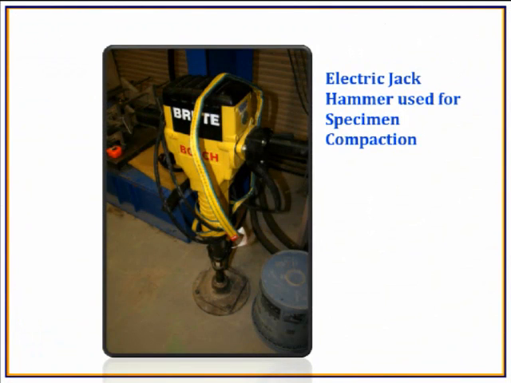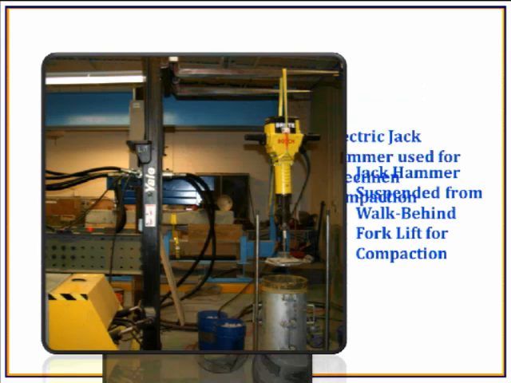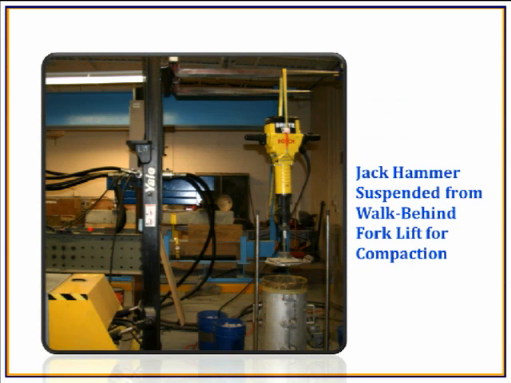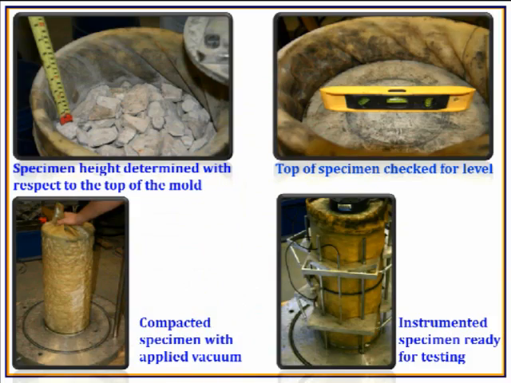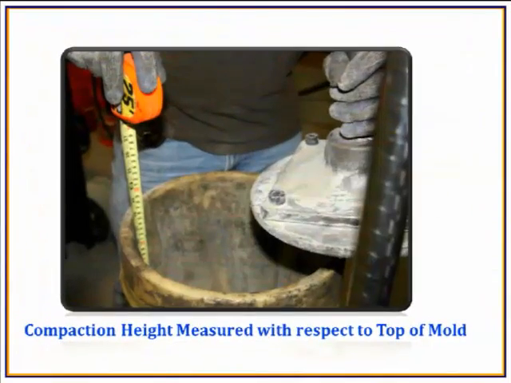This is the electric jackhammer that we use for specimen compaction, a 65-pound jackhammer. And we use a walk behind forklift to lift that jackhammer and then put it down and then press the button to compact the ballast layers. Specimen compaction is done in 4 layers.